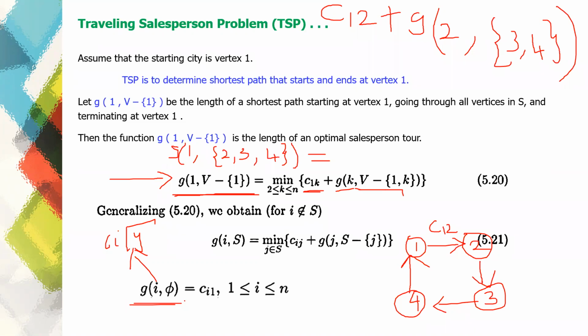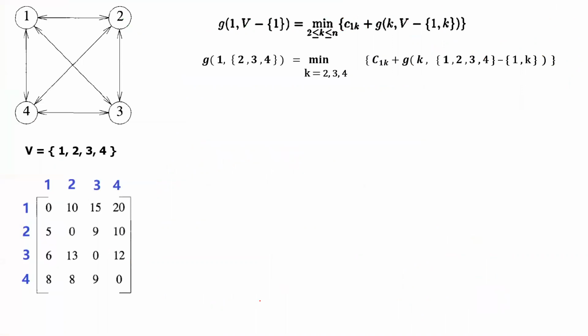The cost function G of i, null will be equal to the cost of traveling from the ith city to the first city. So this will be the formula that you are going to use. Further, we'll try to solve a problem.